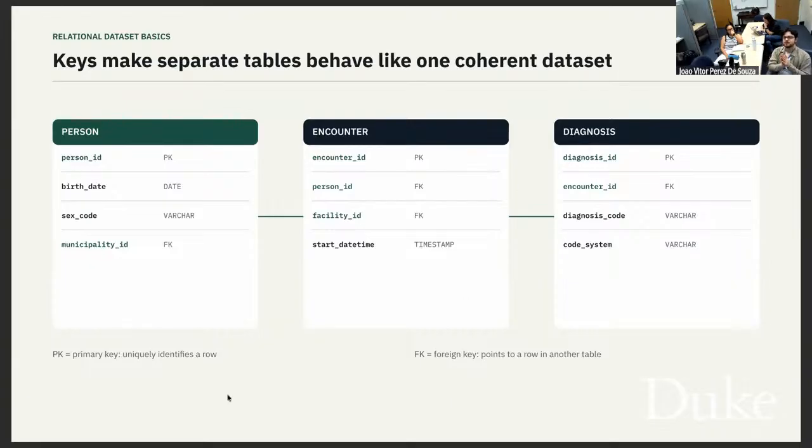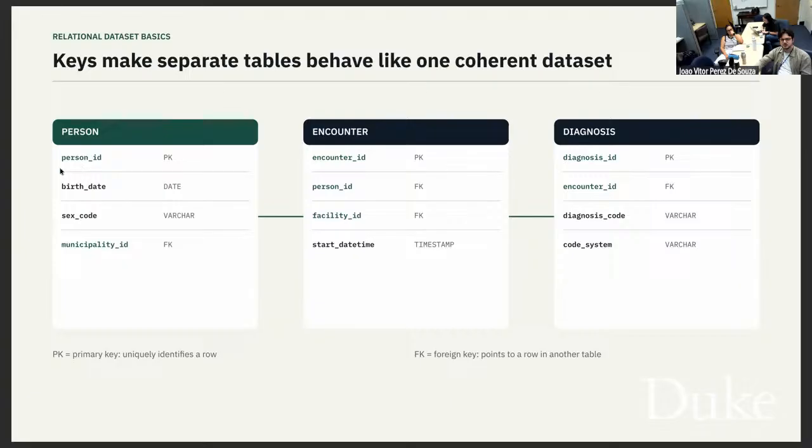But this is different than just merging columns, merging data sets. You really need to think about what the identifier is for each data. So in the example that I was giving you, you have the person information, the encounter information, and the diagnosis information, but there are different identifiers that are going to connect the patients across them.